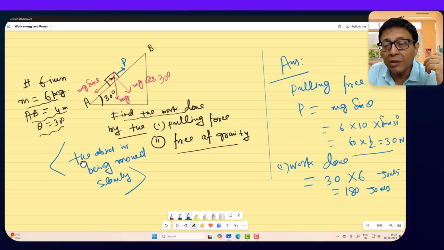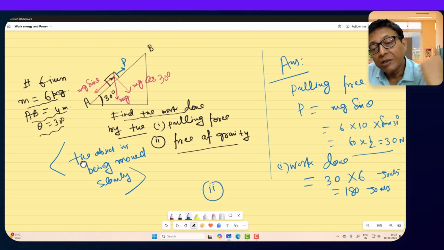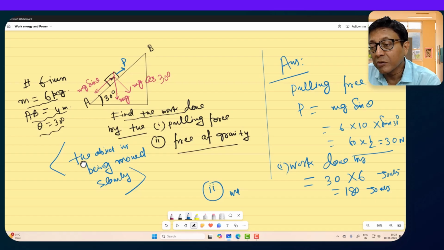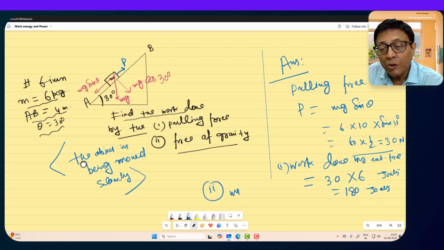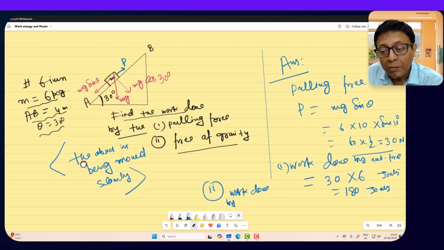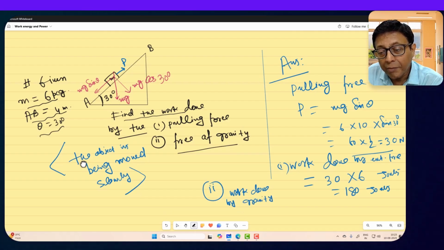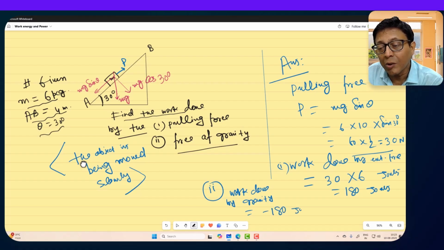What is the work done by the force of gravity? Second part. This was work done by pulling force or external force. Work done by gravity is going to be minus 180 joules.